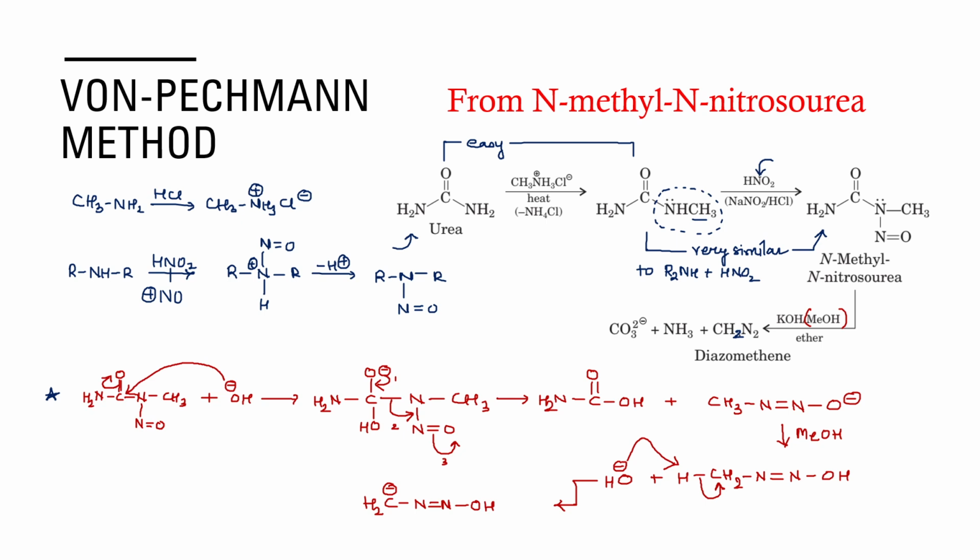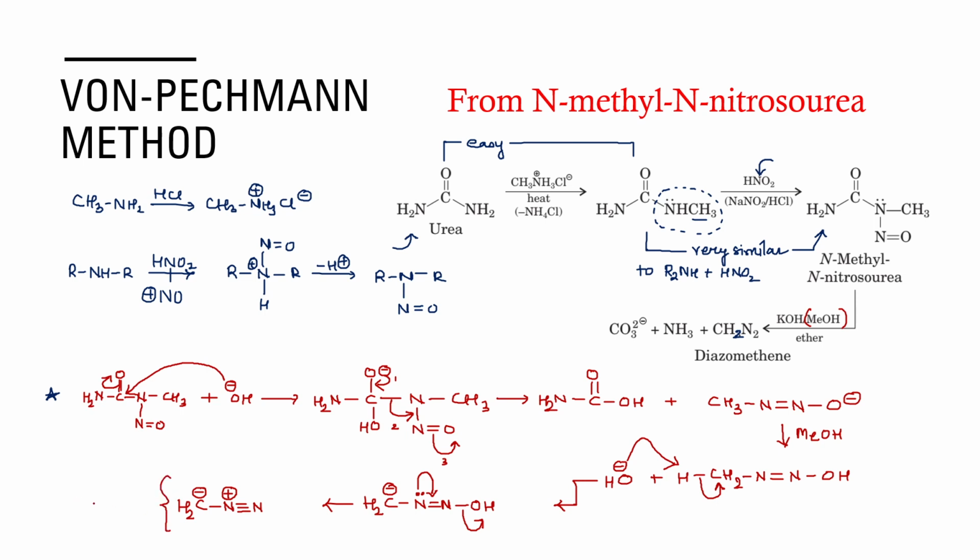Okay, it will create this, and then what you do is you use these lone pair of electrons over here and displace this OH, and you end up getting your compound, which is diazomethane. This is what you obtain.